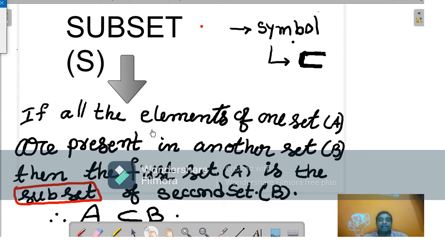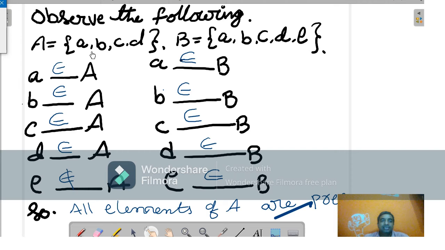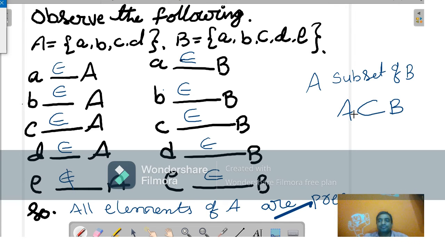Previously, all the elements of A were present in B, so the first set is called a subset of B. In the previous examples, we observed that all the elements of A are present in B, hence we can say A is the subset of B. It is indicated by A, this subset symbol, B. Understand?